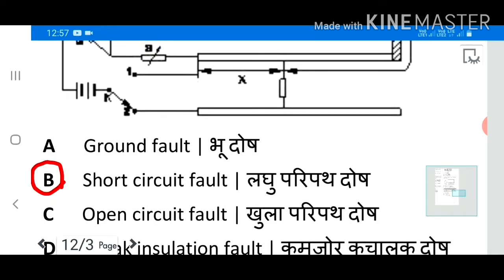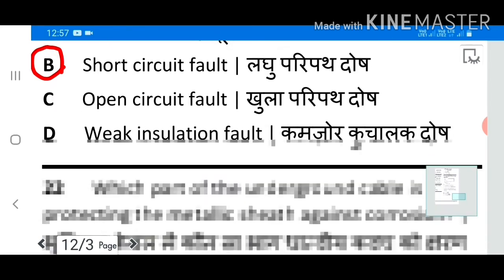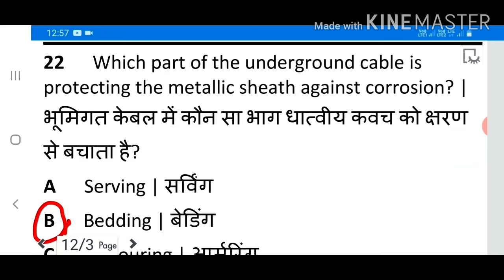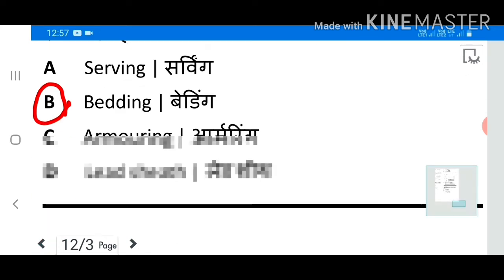Answer B. Short circuit fault. 22. Which part of the underground cable is protecting the metallic sheath against corrosion? Answer B. Bedding.